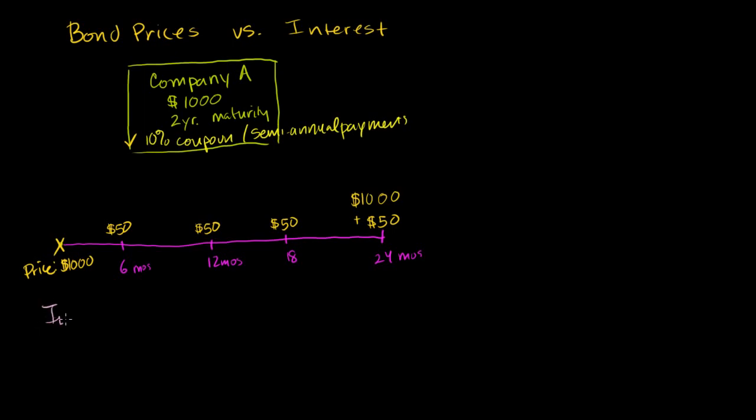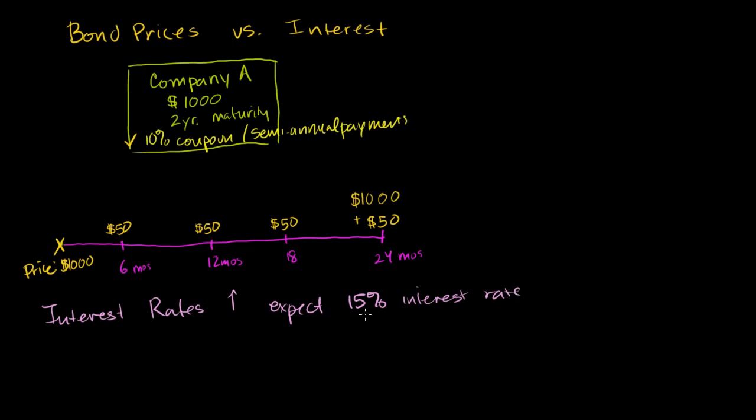So let's say that interest rates go up. And let's say they go up in such a way that for this type of company, for this type of risk, you could go out in the market and get a 15% coupon. So let's say for this type of risk, you would now expect a 15% interest rate.